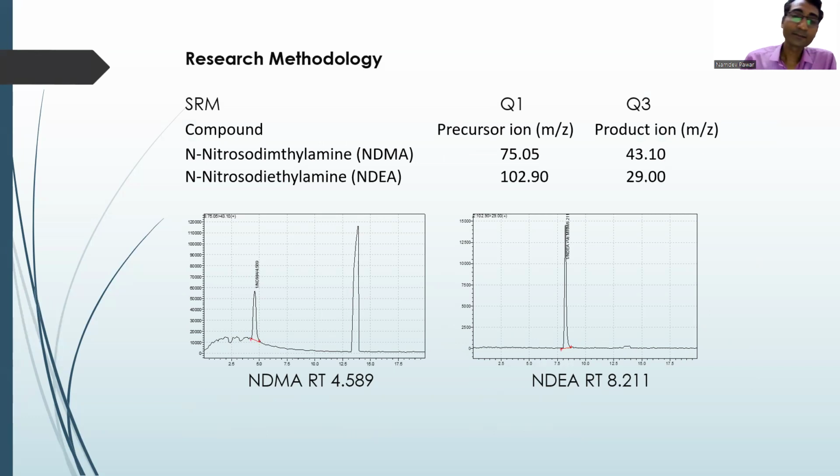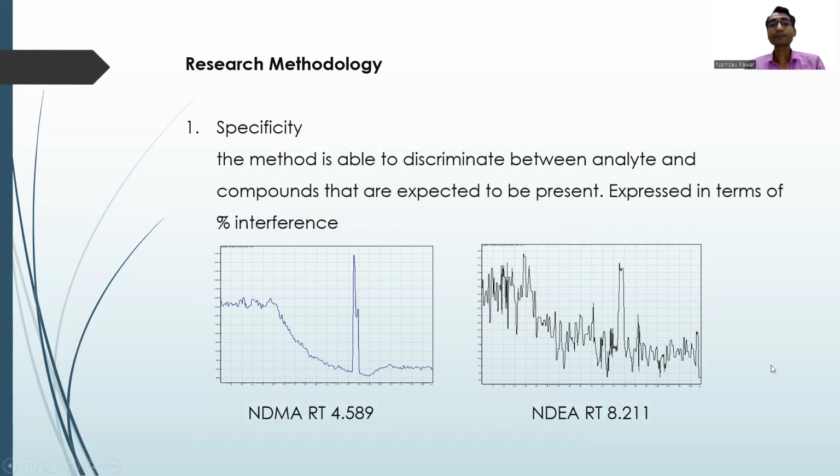Here we can see the peak and proper resolution of NDMA and NDEA. Here is the retention time of NDMA and here is the retention time of NDEA. Then I decided the LOD and LOQ and ran the specificity using a blank, 100% solution, and a 100% solution in tablet.